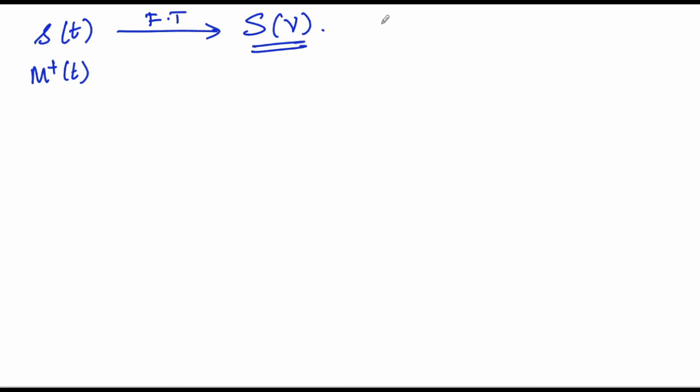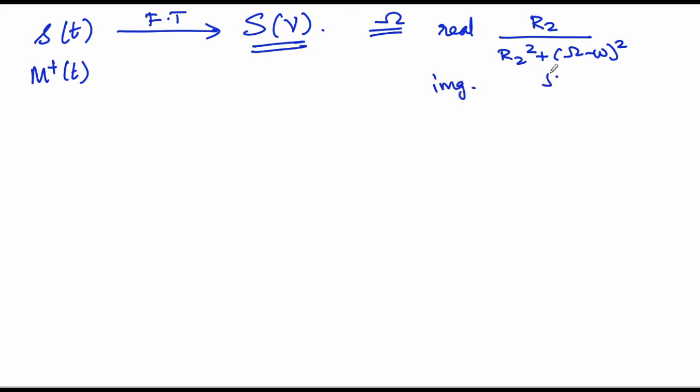We get the resonances at capital omega, which is the offset with respect to the transmitter frequency, and you have two components: the real component, which is given by R2 divided by R2 square plus capital omega minus small omega the whole square, and the imaginary component, which is capital omega minus omega the whole divided by R2 square plus capital omega minus omega the whole square.